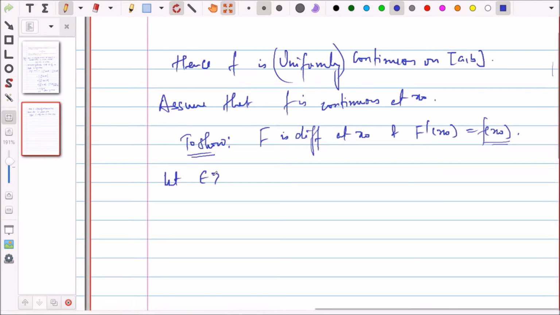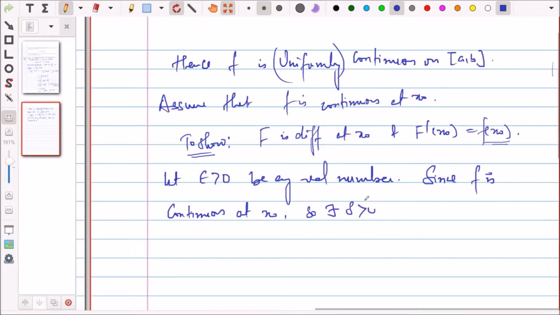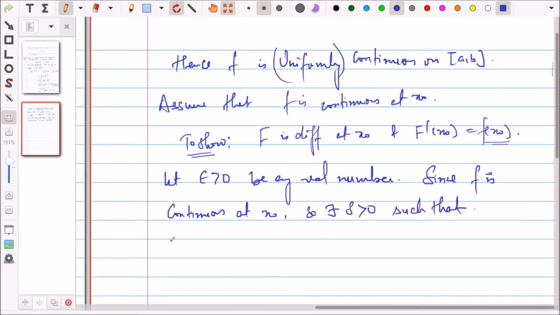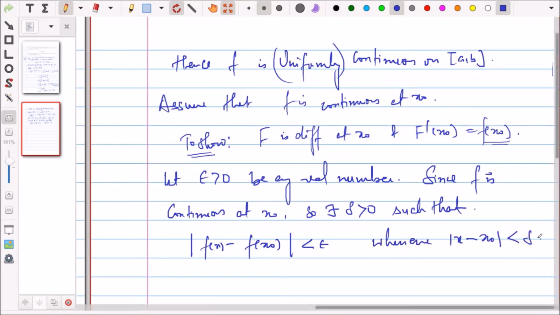So let epsilon greater than 0 be any real number. Now since f is continuous at x naught, so there exists delta greater than 0 such that, क्या होगा definition continuity क्या होती है, |f(x) minus f(x naught)| is less than epsilon whenever |x minus x naught| is less than delta, right?